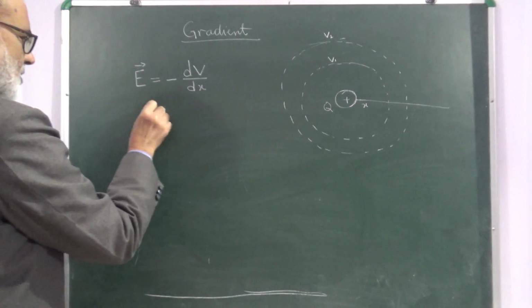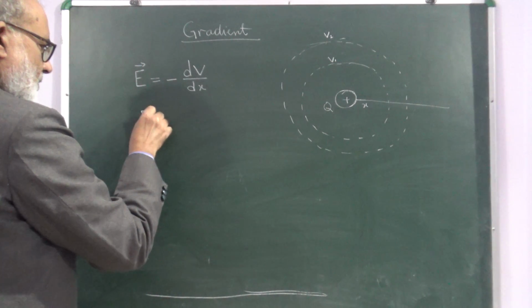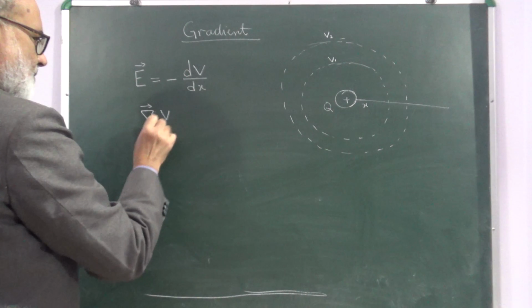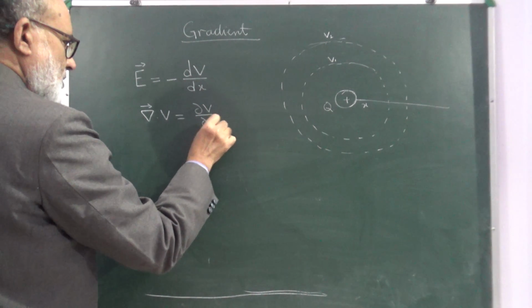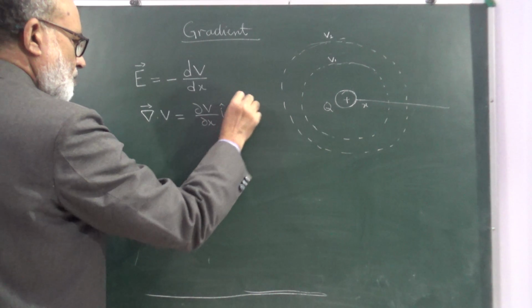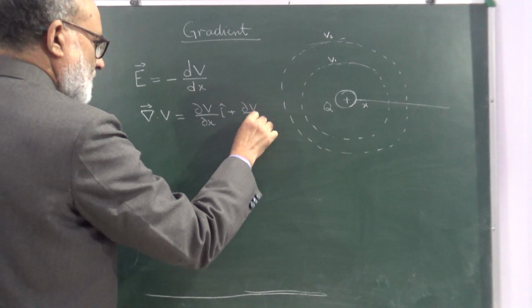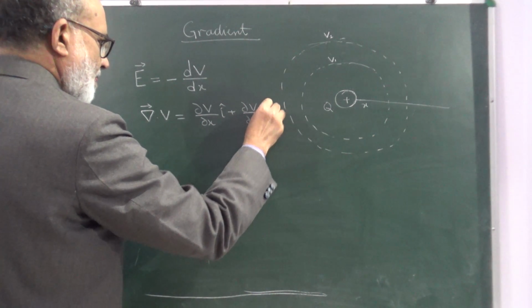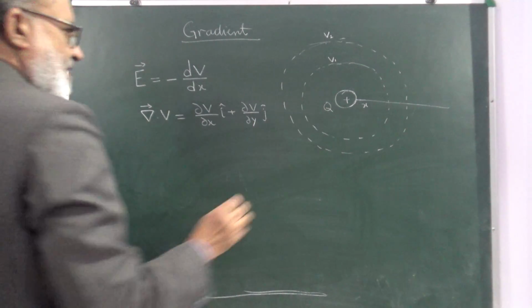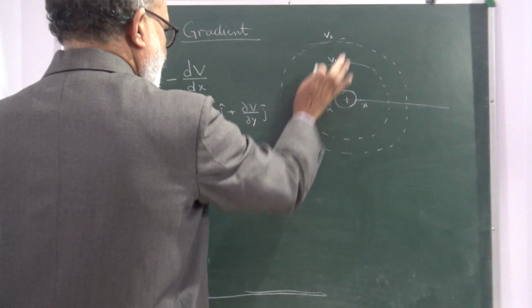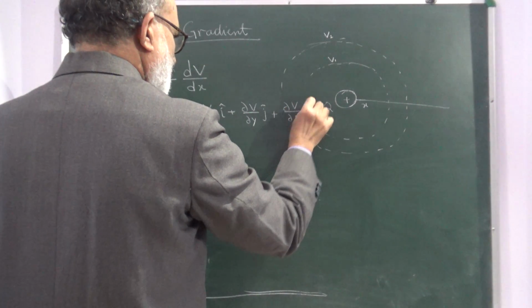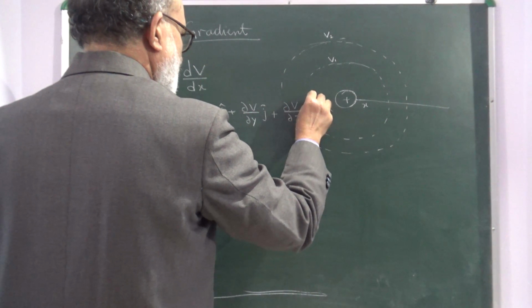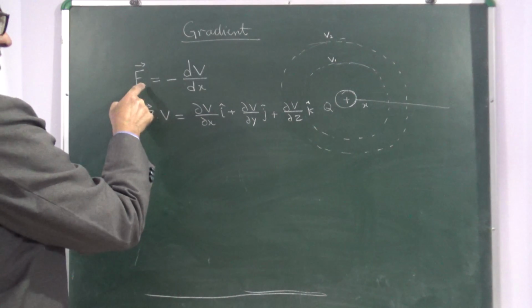So the gradient of the potential is actually dV by dx i plus dV by dy j plus dV by dz k.